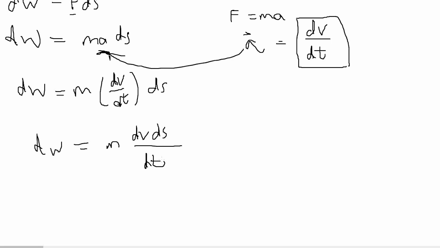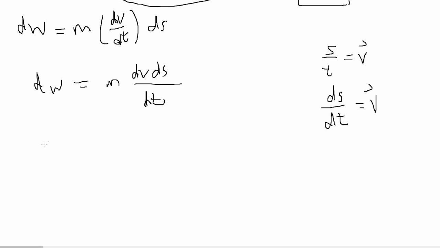But now ds/dt: if distance over time is velocity, then your infinitesimally small change in distance over your infinitesimally small change in time is equivalent to velocity as well, your instantaneous velocity. Now that we know that, we can replace it.